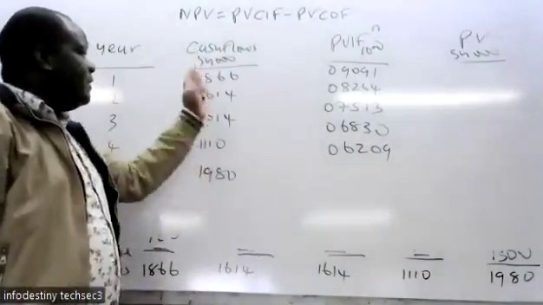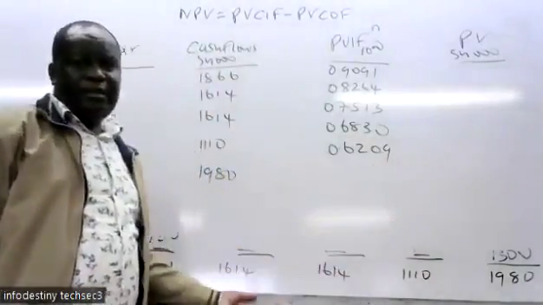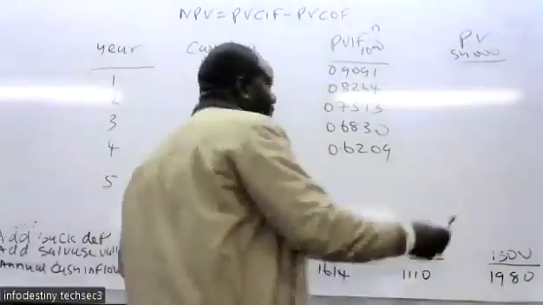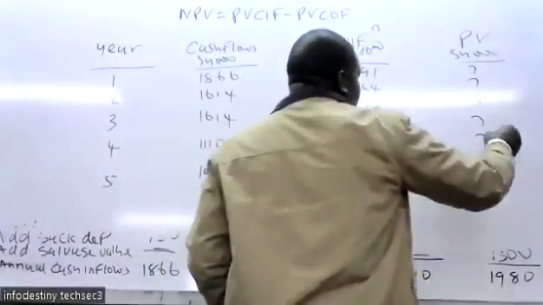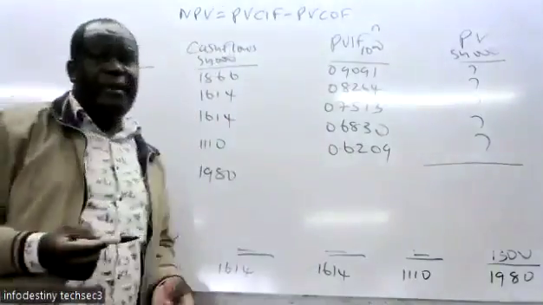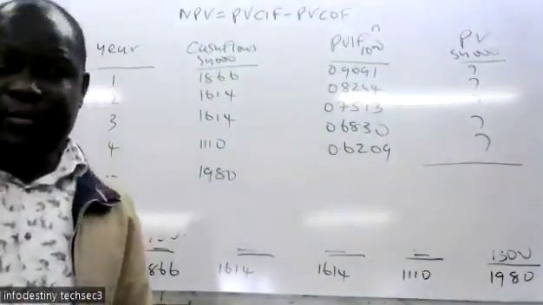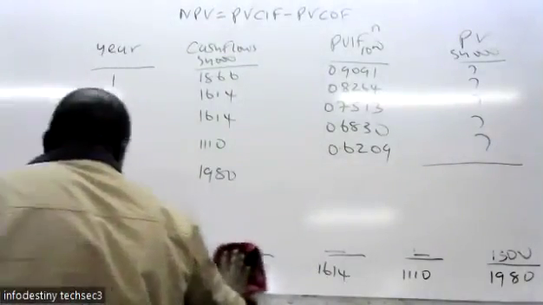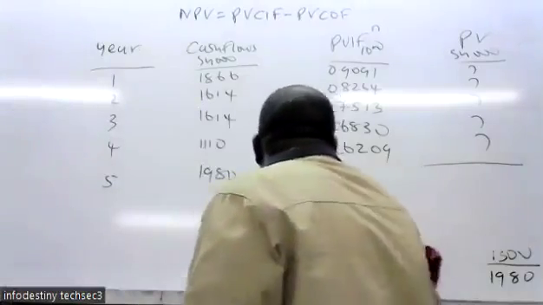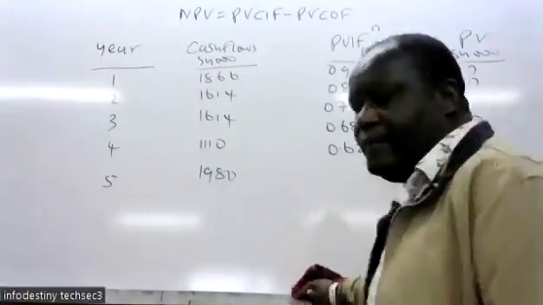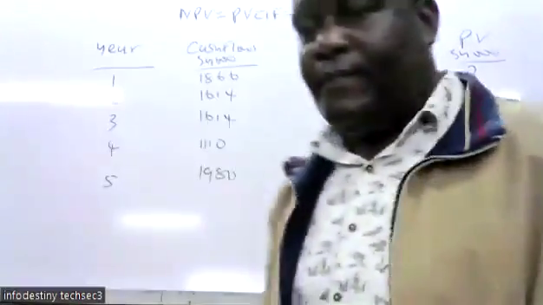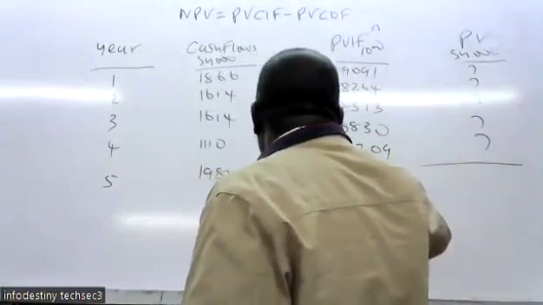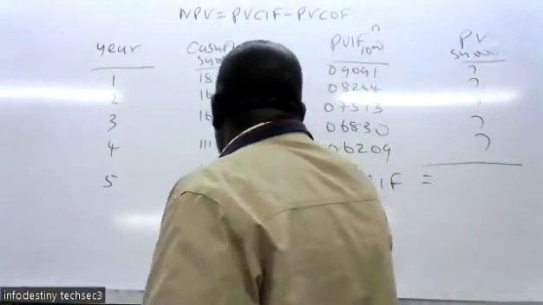So you multiply these figures by these values so that you get the present values. When you get those present values, you will add them together so that you get the present value of the cash inflows.